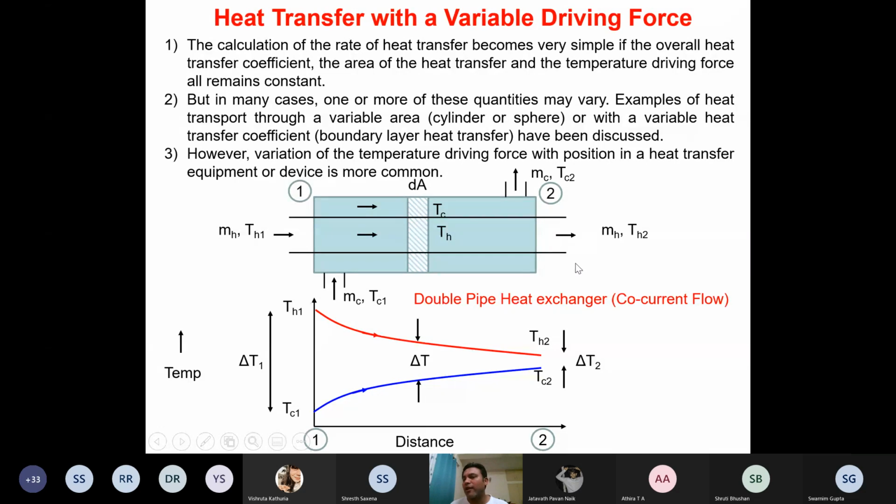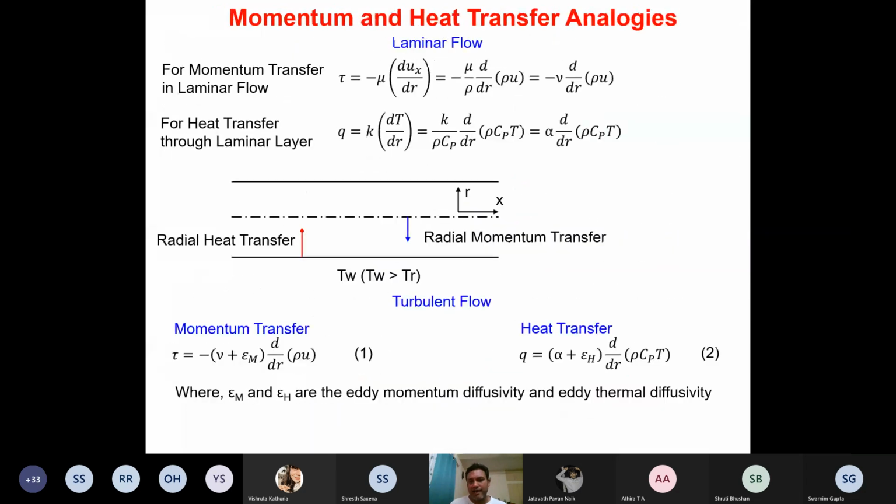In such cases, we cannot directly apply Newton's law of cooling, which says Q is given as UA delta T, because this delta T itself is variable. So in such cases, delta T LMTD is used. We derived that for co-current flow, but for counter current flow we can derive the same expression, and that derivation is there in the book. So you can go and look at it. This is what we have seen in the last class.